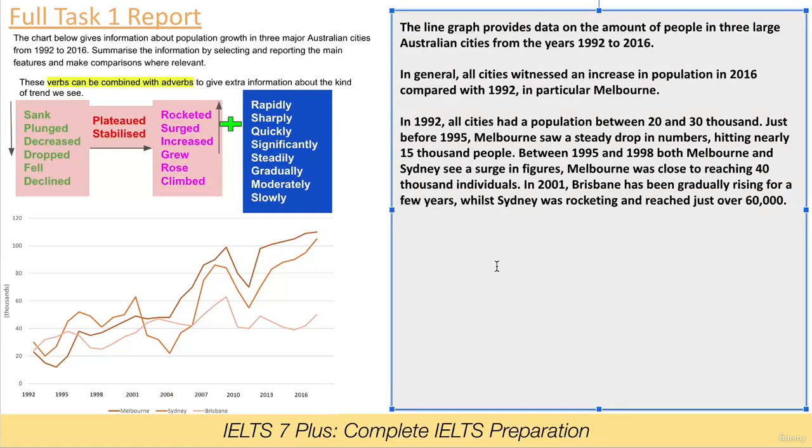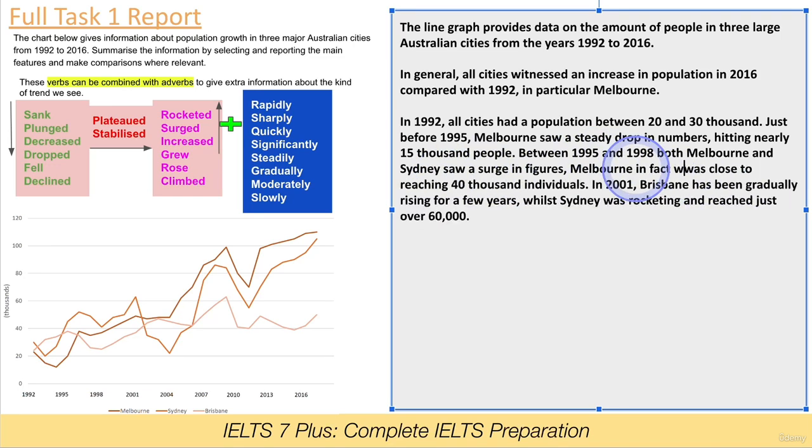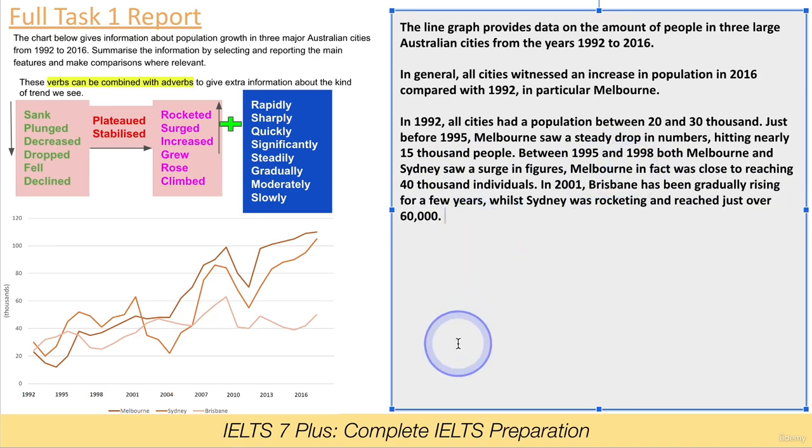Between 1995 and 1998, both Melbourne and Sydney saw, always good to check, a surge in figures. Melbourne, in fact, was close to reaching 40,000 individuals. In 2001, Brisbane had been gradually rising for a few years, while Sydney was rocketing and reached just over 60,000.